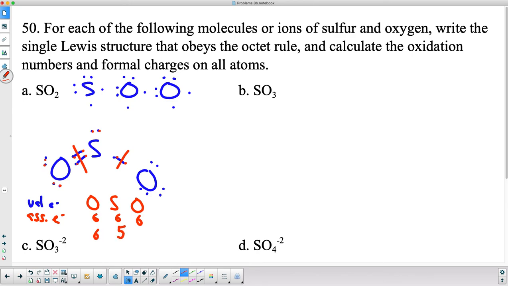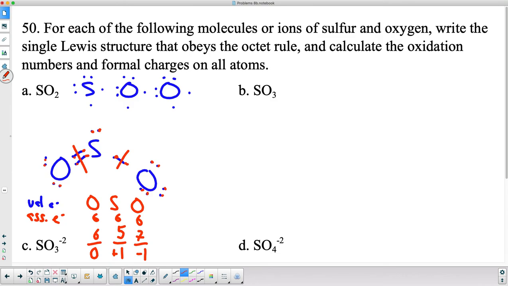Sorry about that. So 1, 2, 3, 4, 5 for that sulfur, and this gives us 1, 2, 3, 4, 5, 6, 7 for that. So that means 0 plus 1 minus 1. Okay, so that's with all of them following the octet rule.